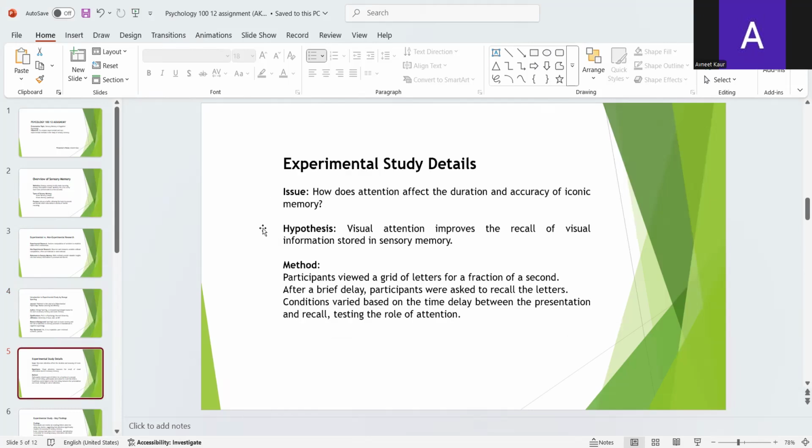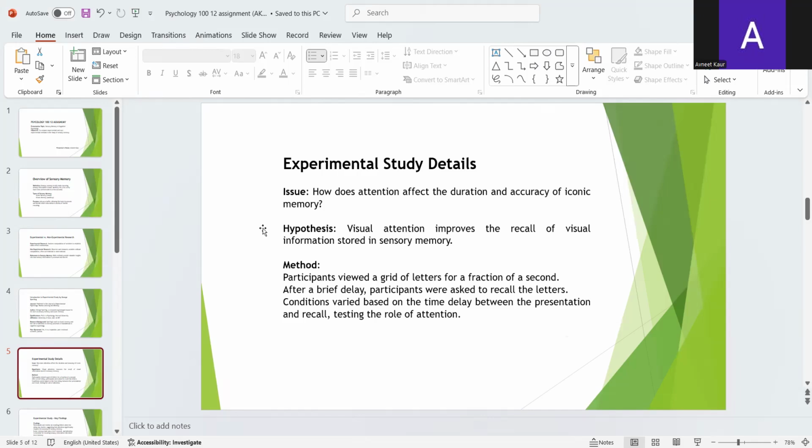The details of the experimental study: the major issue it addresses is how attention affects the duration and accuracy of iconic memory. There are various methods which could be used in an experimental study.